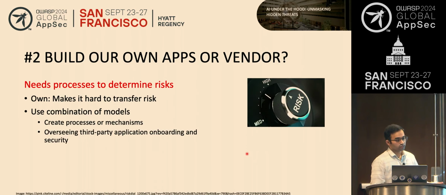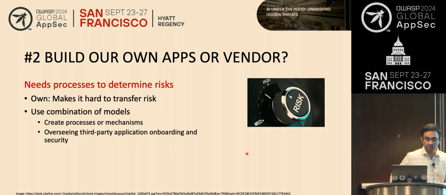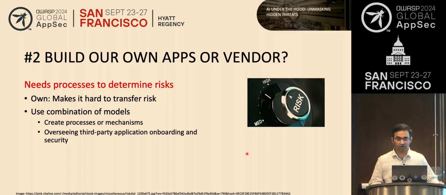The second one naturally is to either build our own apps or use a vendor to create the app. So in this case, depending on the organization's risk appetite, the organization can decide if they want to build their own AI apps or get them built by third parties.